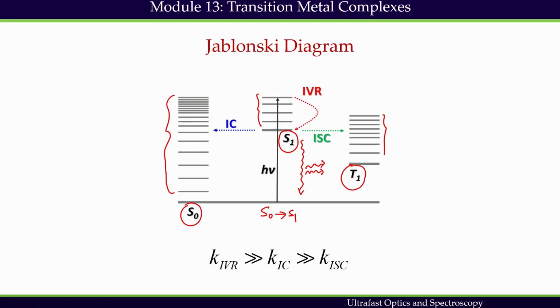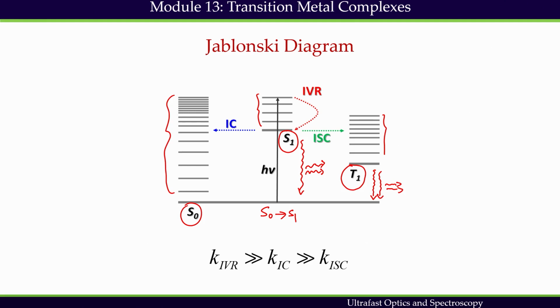We can also have phosphorescence, where I can have population transfer from T1 to S0. These are the radiative processes.